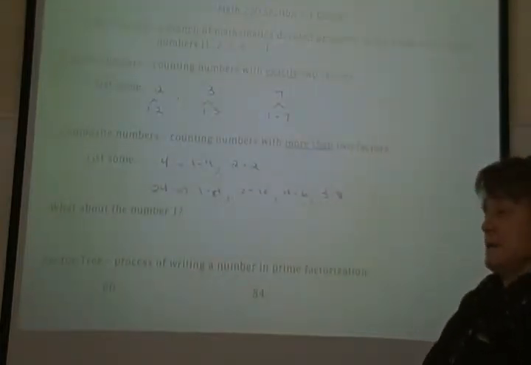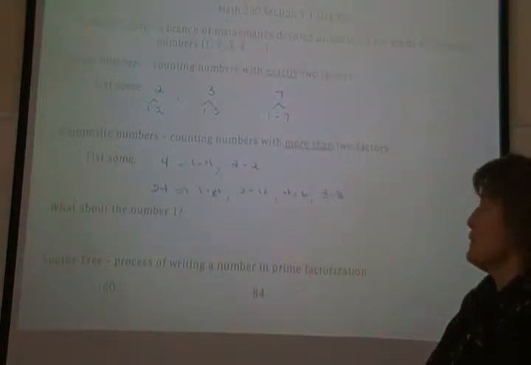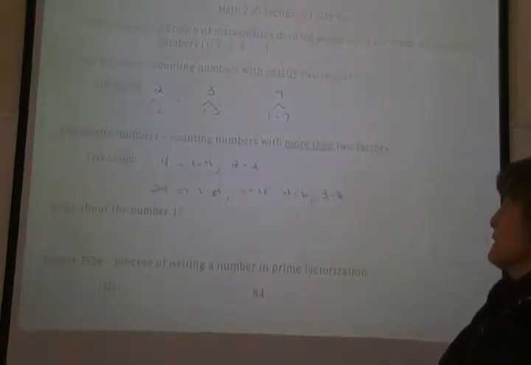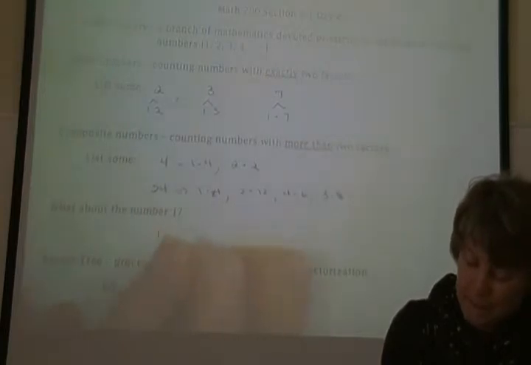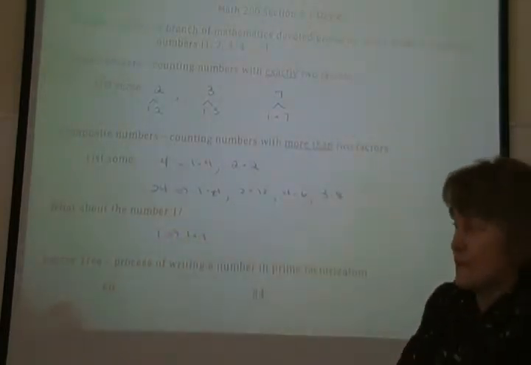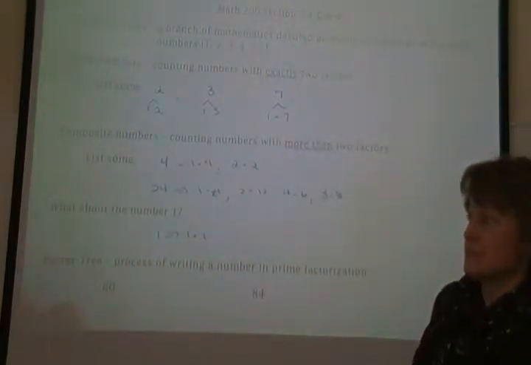So that leads us to the big question, what about the number 1? Well, to be a prime number, it has to be a counting number, which it is, with exactly 2 factors, but it doesn't have 2 factors. The only way to write 1 is 1 times 1. That's not 2 different factors, that's the same factor twice.